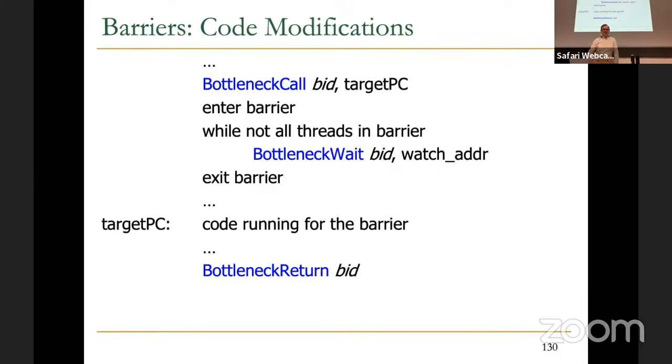Essentially, in critical sections, the critical section gets shipped. In barriers, the parallel part until the barrier gets shipped. And in pipeline stages, the code in the pipeline part gets shipped. But barriers are a bit tricky that I didn't want to go into.